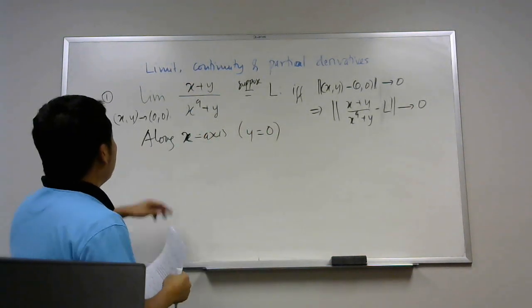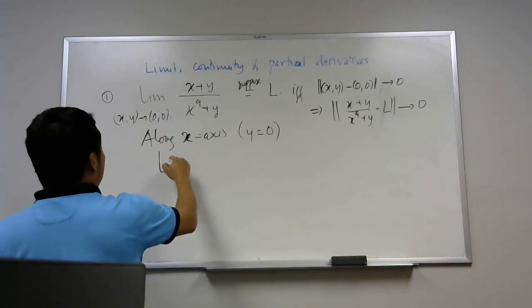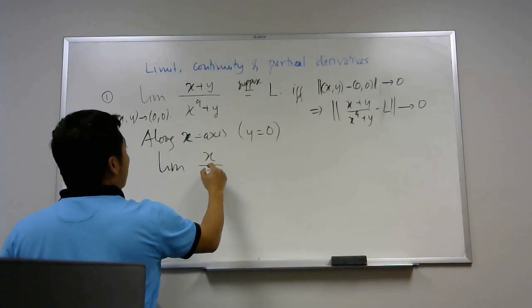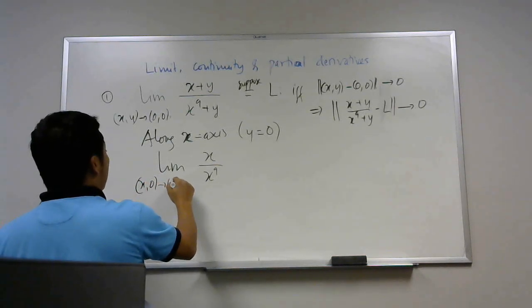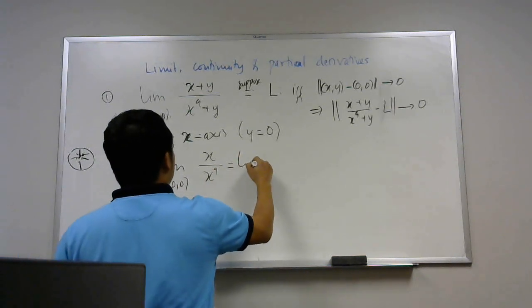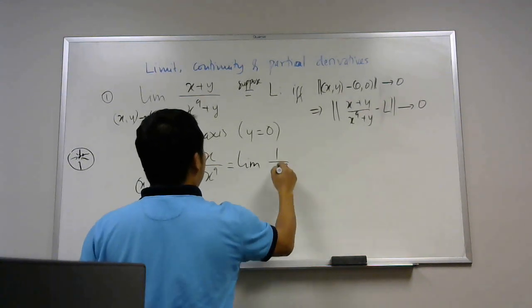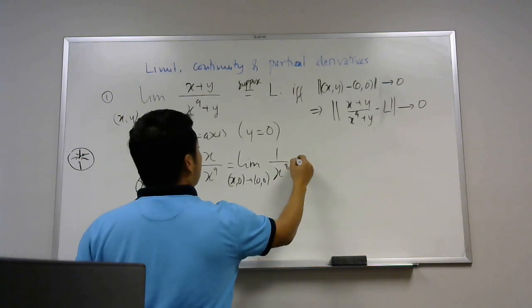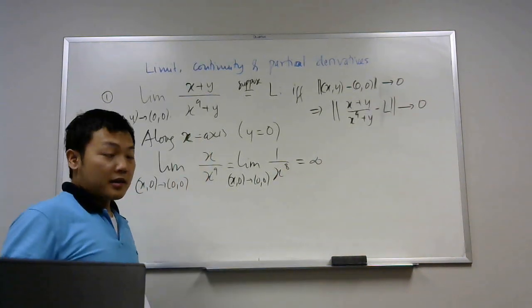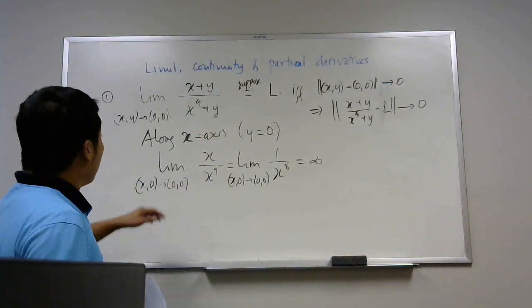From here you can see this limit just reduces to the limit of x over x^9, right, when x goes to 0. And this is just the limit of 1 over x^8 as x goes to 0, and that is infinity.